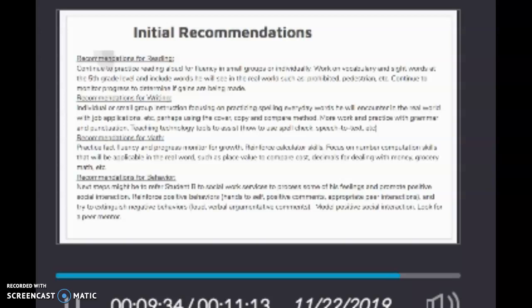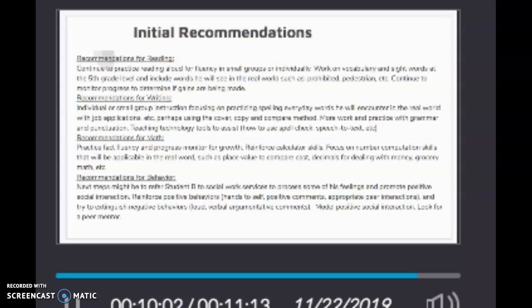So for recommendations for reading, I would recommend to continue to practice reading aloud for fluency in small groups or individually, working on vocab and sight words at the 5th grade level, and including words that he will see in the real world, such as prohibited or pedestrian or park at own risk. Continue to monitor progress to determine if gains are being made.